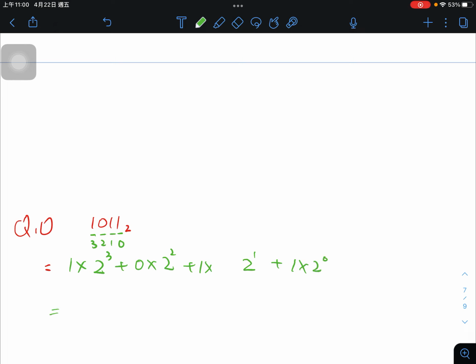So we change all the numbers: 1 times, that means 8 plus 0 plus 2 plus 1. So the number becomes 11 base 10. We use the expanded form to change the binary number to a decimal number.